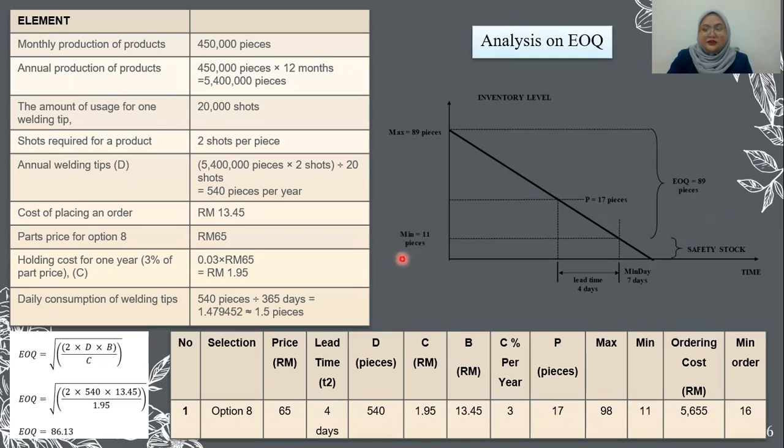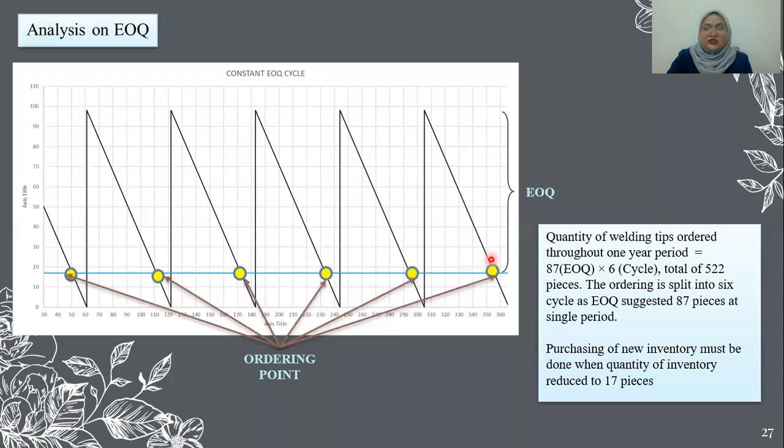The minimum is 11 pieces. Quantity of welding tips ordered through a 1 year period is 522. The ordering is split into 6 cycles as EOQ suggested 87 pieces at single period. Purchasing of new inventory must be done when the quantity of inventory is reduced to 70 pieces.